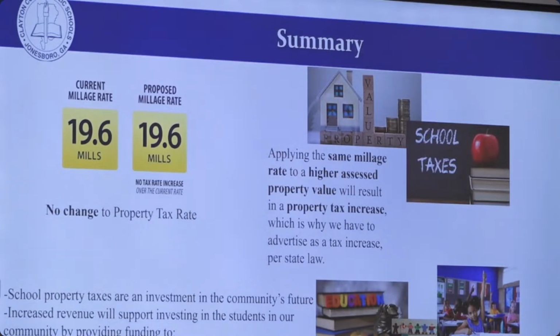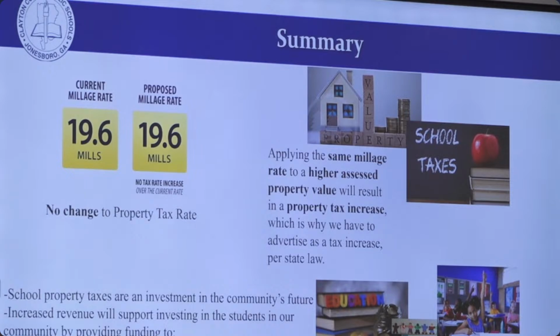So summarizing, our current millage rate is 19.6 mils. We're proposing to leave it at 19.6 mils. So we're not going to increase the rate, but applying the same millage rate to our higher assessed property value will result in a property tax increase, which is again why we have to advertise it as a tax increase per state law. Again, our property taxes are an investment in the community's future through our students.